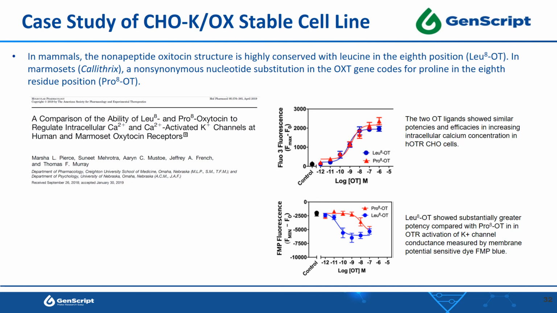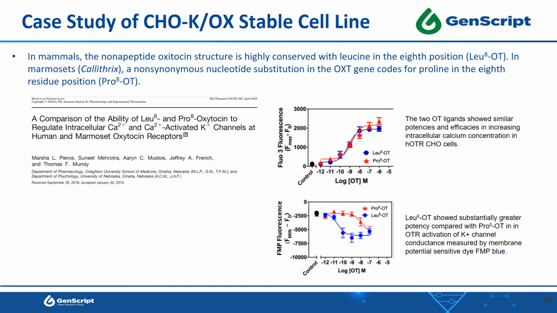However, in marmosets, a non-synonymous nucleotide substitution in the oxytocin gene codes for proline in the 8th residue position. Therefore, in this research, these two versions of the oxytocin peptide were studied for their binding affinity to the oxytocin receptor as well as their ability to activate it, by using our Troca oxytocin stable cell line.